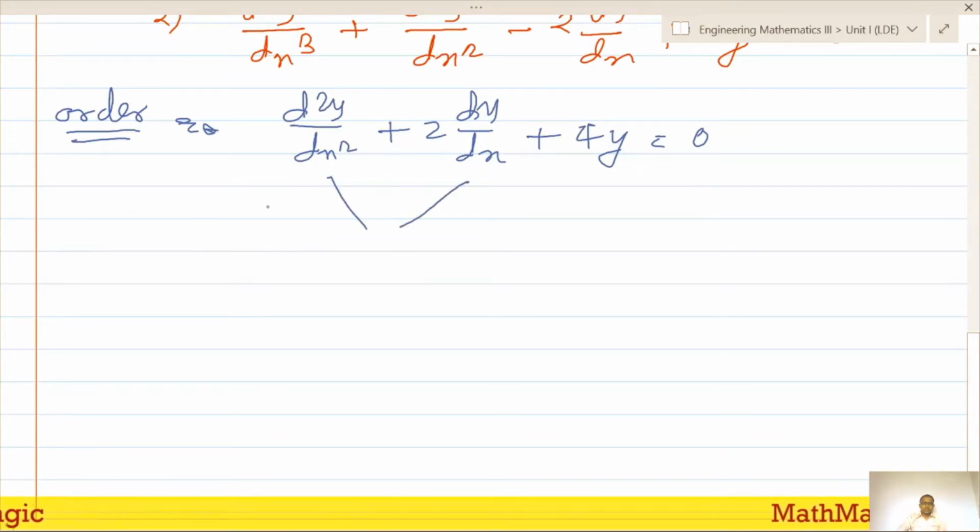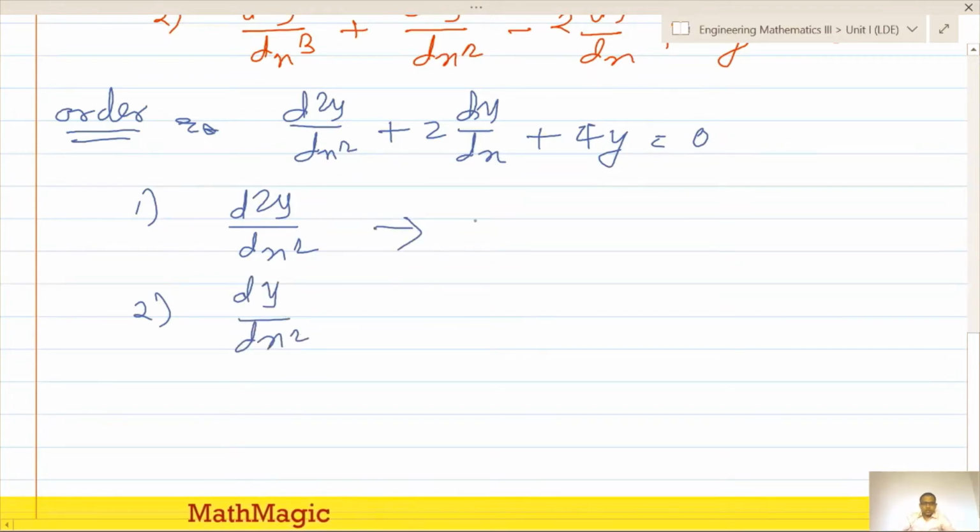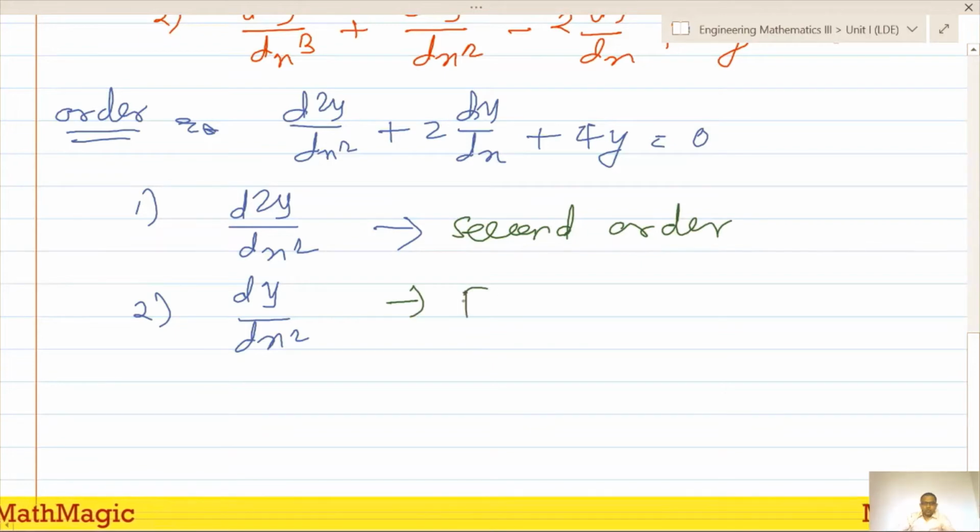The first one is d square y by dx square, which is the second order differential coefficient, and the second one is dy by dx, which is first order.